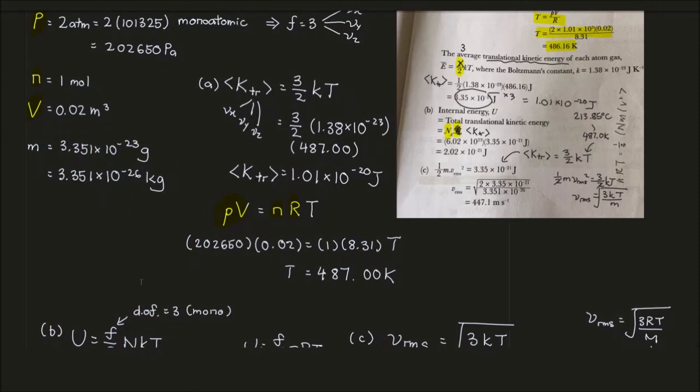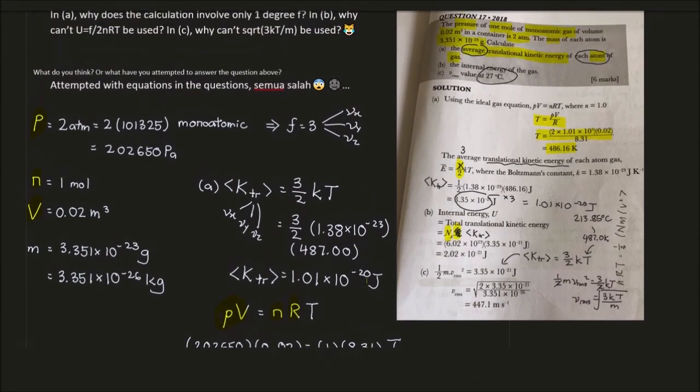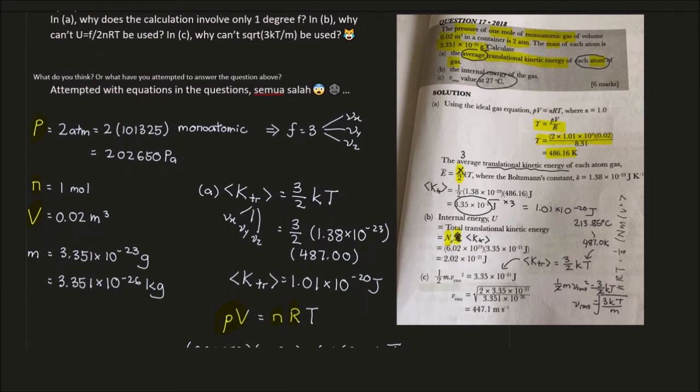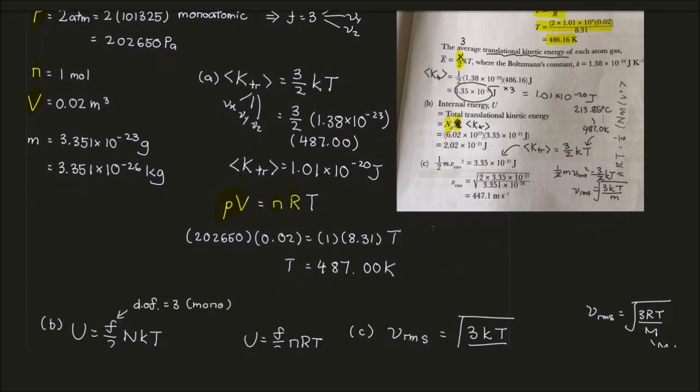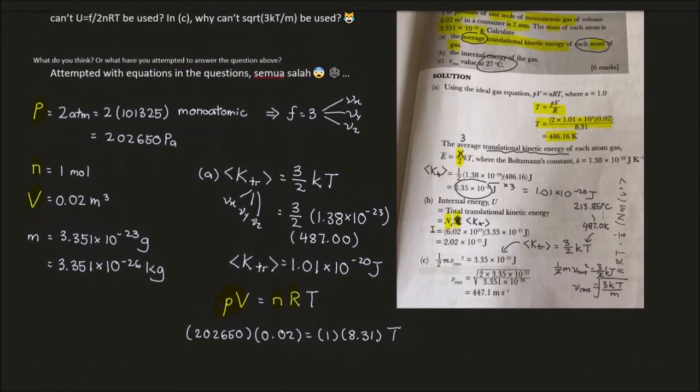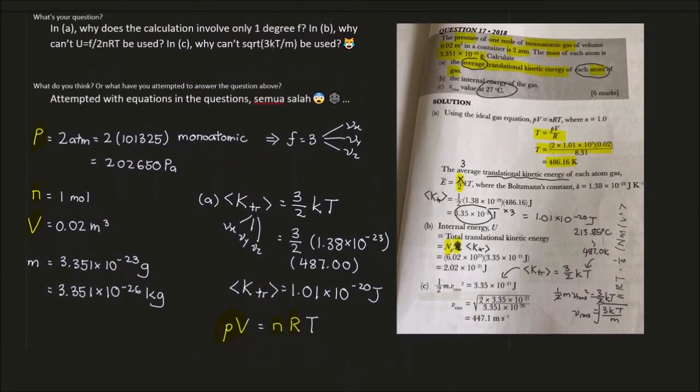So they are being smart in using a shortcut, but they forgot the fact that they themselves changed the temperature here. So if they change the temperature here, you can't use back the value that you obtained from A. What you should do is recalculate like what you suggest here using 3kT over m.